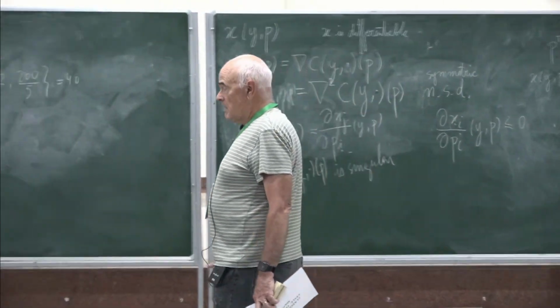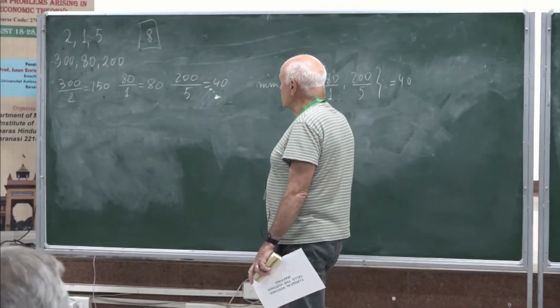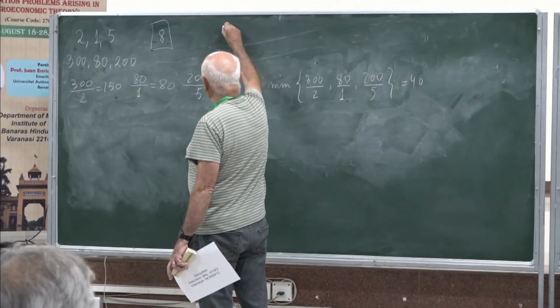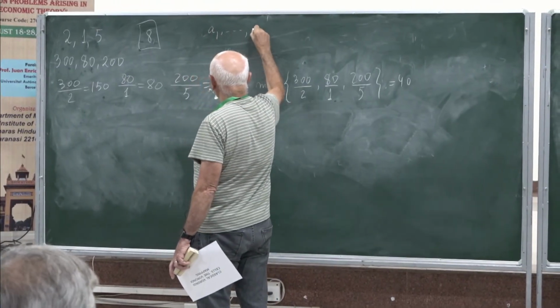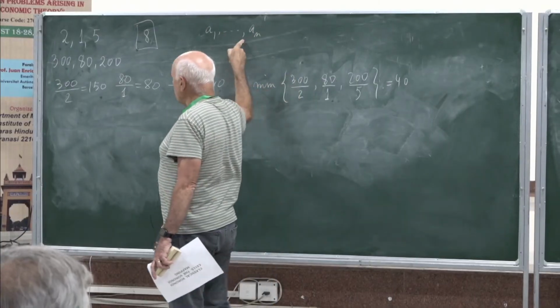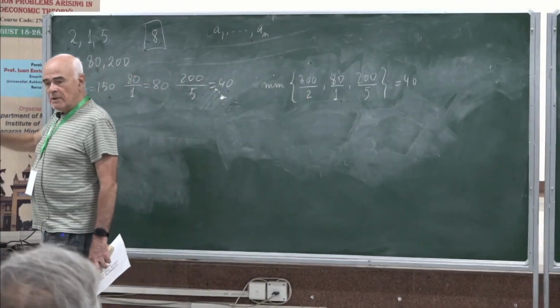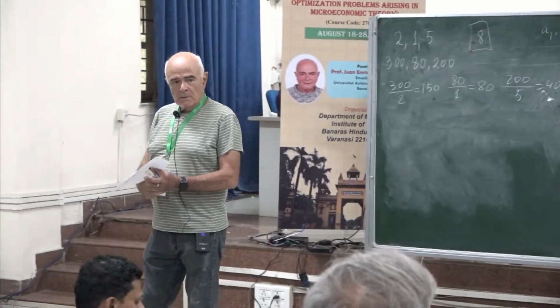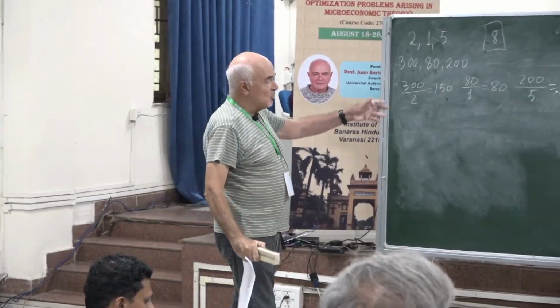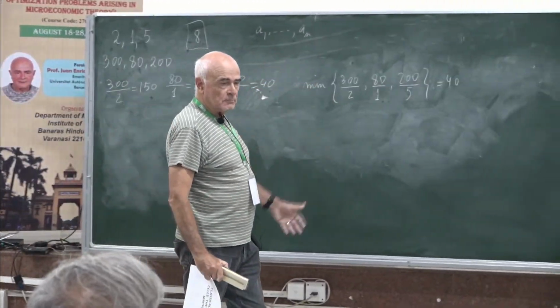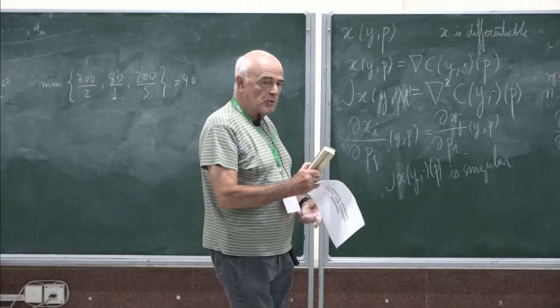Well, in general, we would have inputs. a1, ..., an will play the role of 2, 1, 5 in the example. So I need to use them in these proportions to produce 1 unit of output.